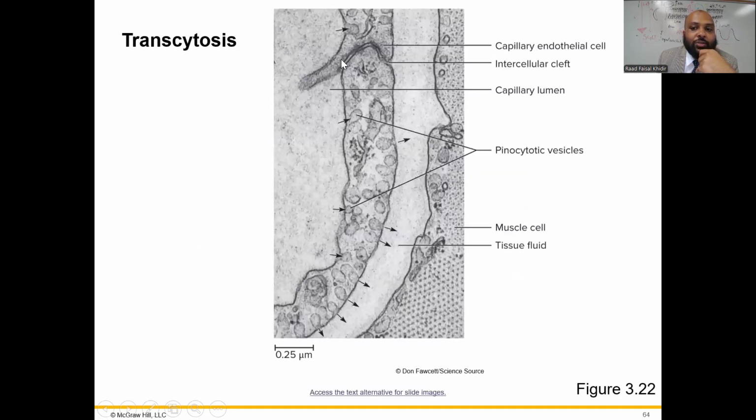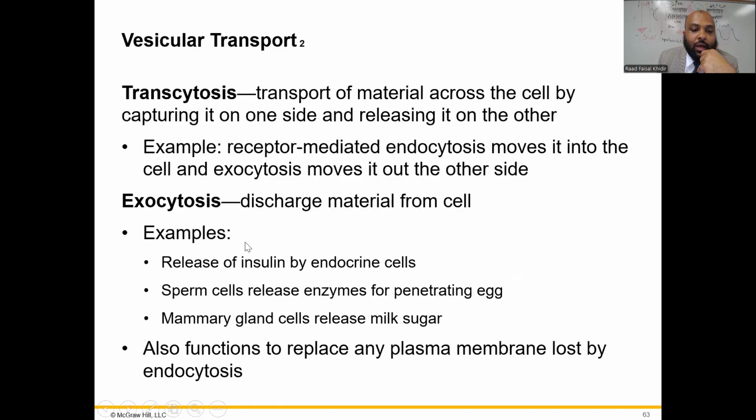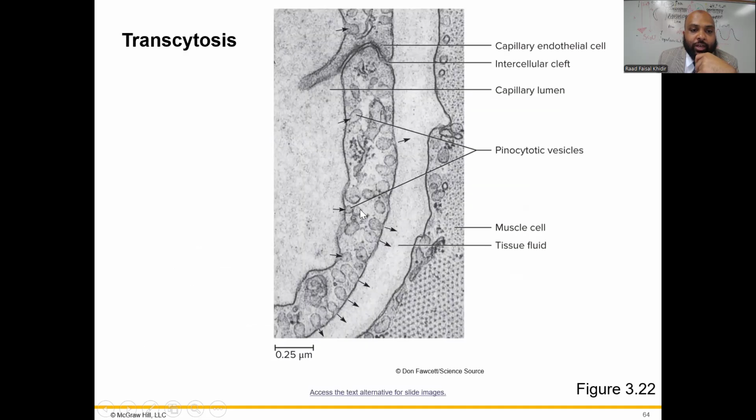That's transcytosis. When we move, that's a pinocytotic vesicle. Okay.